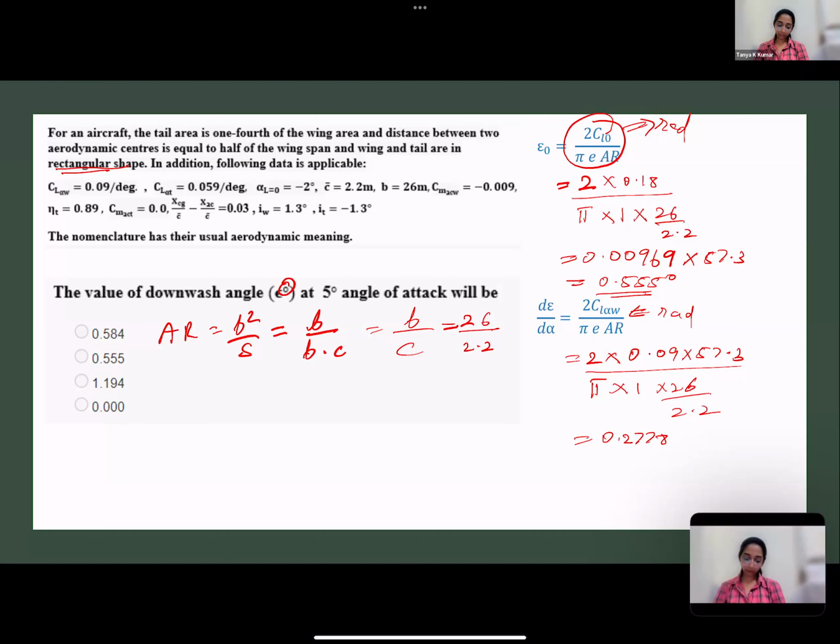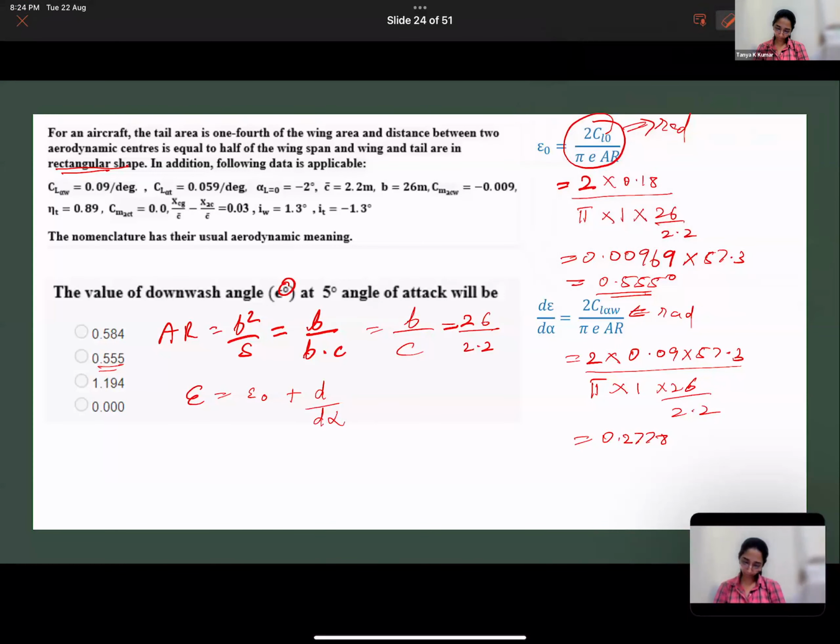Yes. Okay. Now they've asked you what is the final epsilon. They see the options have 0.555. This is to confuse you. They've asked you the complete downwash angle. So the complete downwash angle is epsilon naught plus d epsilon by d alpha into alpha. Now plug in all the values and tell me what is the complete epsilon.